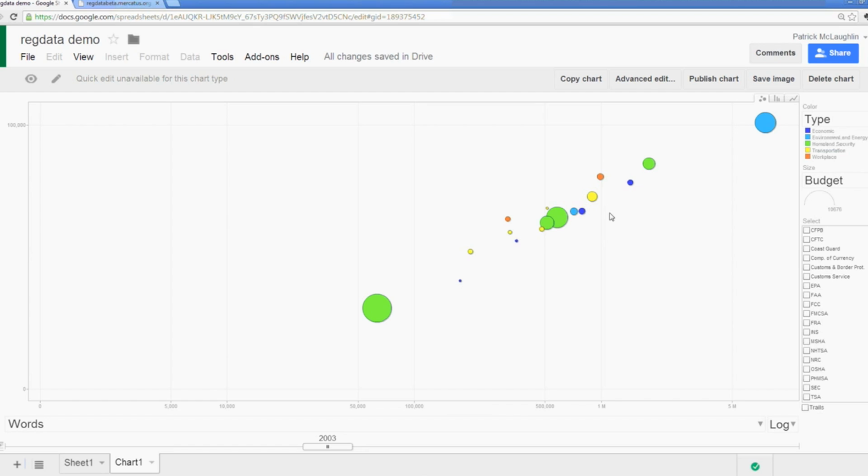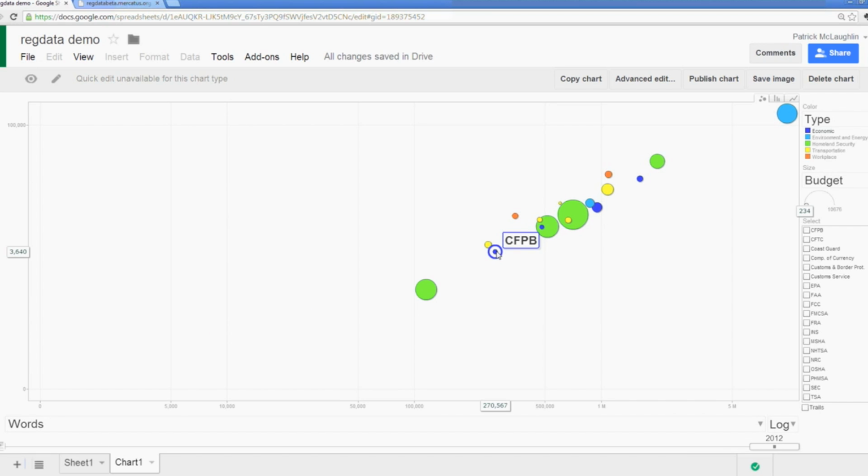Now we're moving forward again in time pretty soon here. OSHA's there, the orange one, EPA up in the corner. And now we'll hit play again. Now we're moving forward in time again, and you're going to see something fly in from the left here in a moment. There it is. Did you see it? We'll replay it.